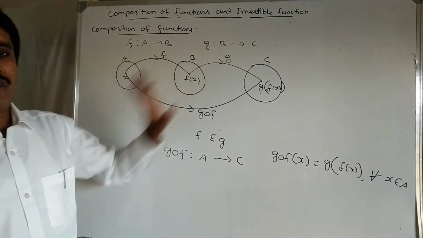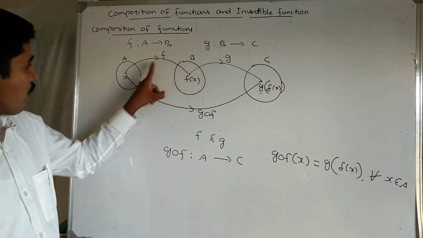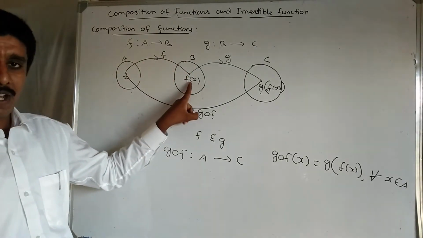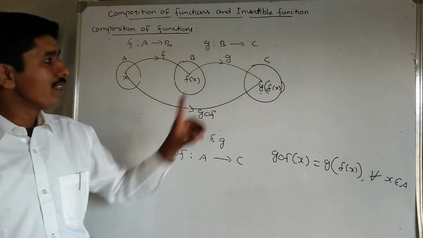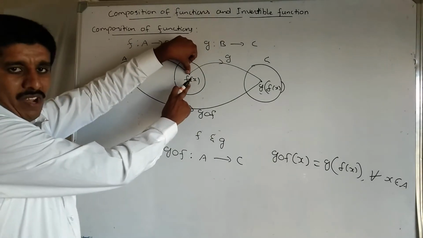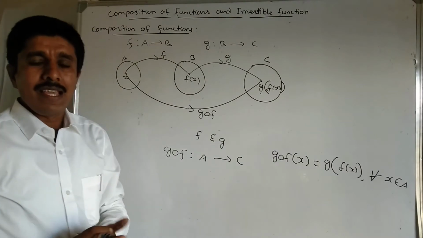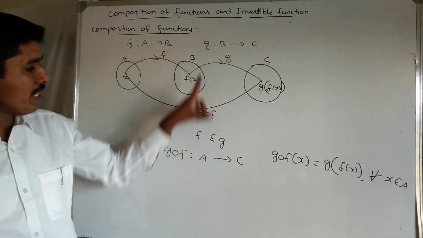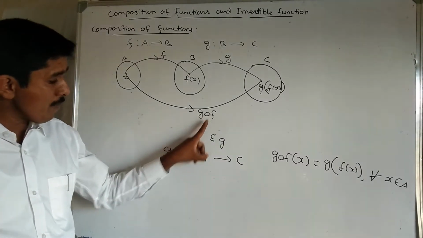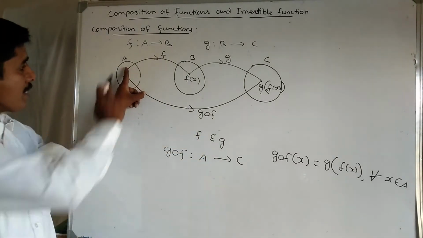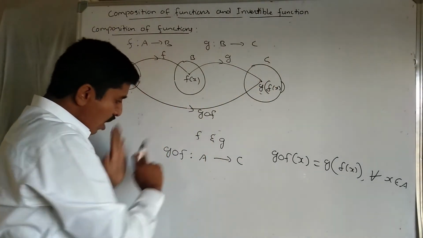Here f and g are two functions. f has domain set A and codomain set B. If you take a domain element x, its range element is f of x. g has domain set B and codomain set C. If you take f of x, its range element is of the form g of f of x. Clearly, the composition of f and g is denoted by g o f, from the domain of f, set A, to the codomain of g, set C. It is also a function.